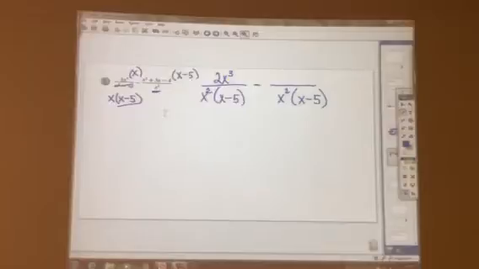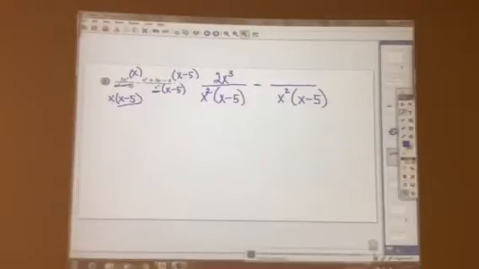So I'm going to have to multiply my numerator by x minus 5, which is the same thing as multiplying by 1, because x minus 5 over x minus 5 is 1. So to get this to look like my common denominator, I would multiply both by x minus 5, is what we're really saying.